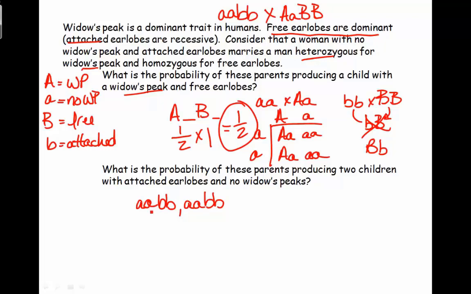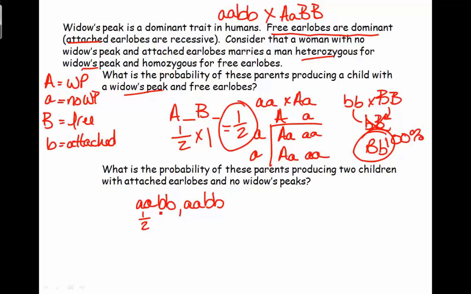We look at the probability that that first one will have a widow's peak. The probability the first one's going to have a widow's peak would be 1/2, and the probability that that child's going to have attached earlobes, if you look up here, we just said that when we cross these parents 100% of the time, they're going to have the free earlobes.